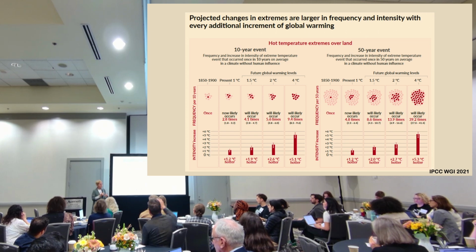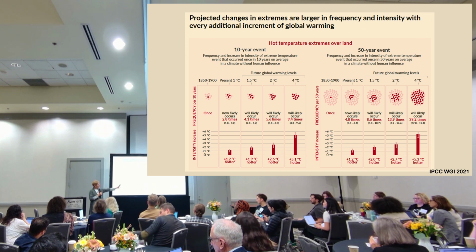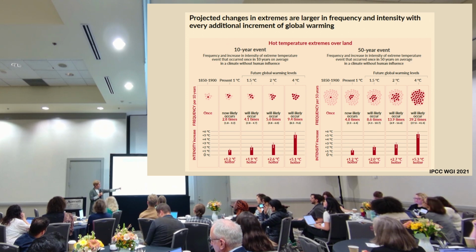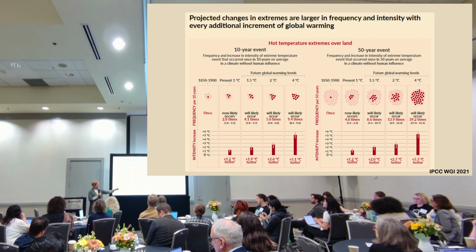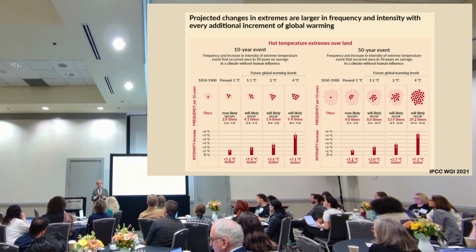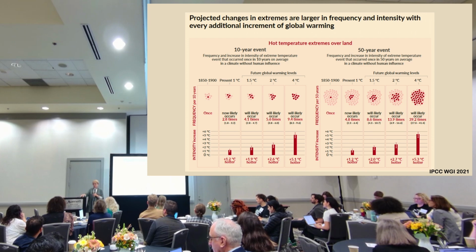There have been events in Japan that were virtually impossible without climate change. And so this 1 in 50-year event is going to be incredibly common if, unfortunately, we go as high as 4 degrees C by the end of the century. And so going back to that picture of the cohort effect, the number of heat waves we're all going to be exposed to is going to increase significantly depending on greenhouse gas emissions.